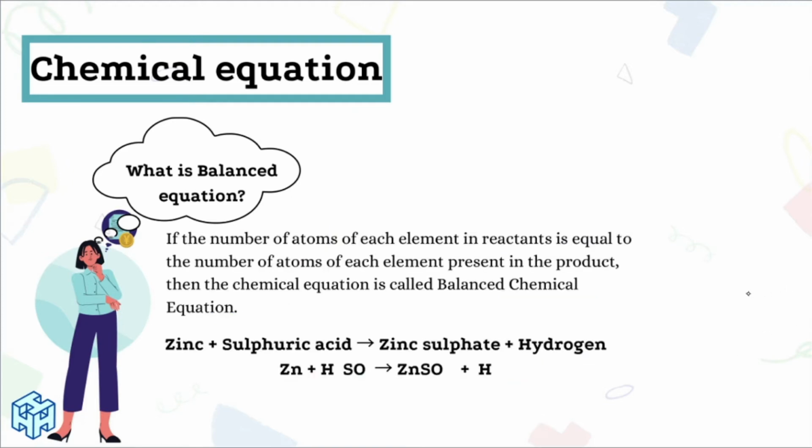The definition is as follows. The balanced chemical equation: if the number of atoms of each element in the reactant is equal to the number of atoms of each present in the product side, then it is called a balanced chemical equation.